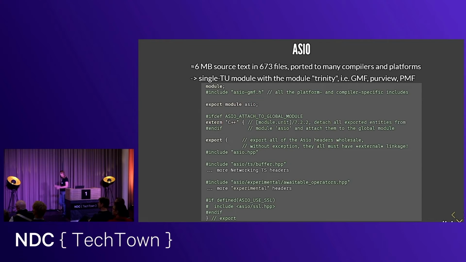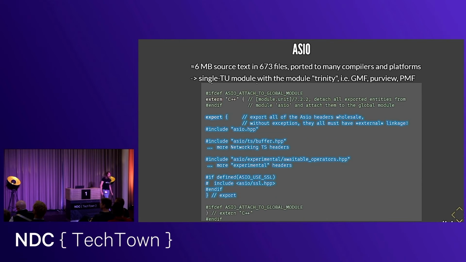Now we've seen the smallest library in the demo code. Let's go to the largest one, ASIO. And what I'm using here is what I call the trinity of modules. We have a primary module, a global module fragment with all the dependencies that are not part of the library itself: platform headers, for example, standard library headers and others.